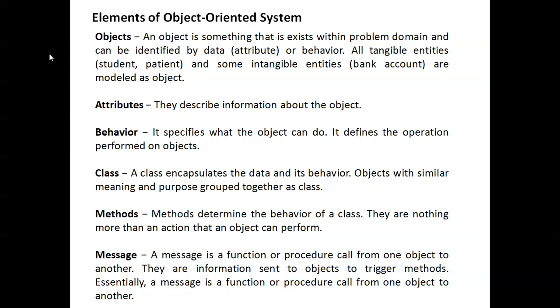An object is something that exists within the problem domain and can be identified by data. Attributes describe the information about the object. Behavior specifies what an object can do, and it defines the operations performed on the object. A class groups objects with similar meaning and purpose together. Methods are nothing more than actions that the object can perform.